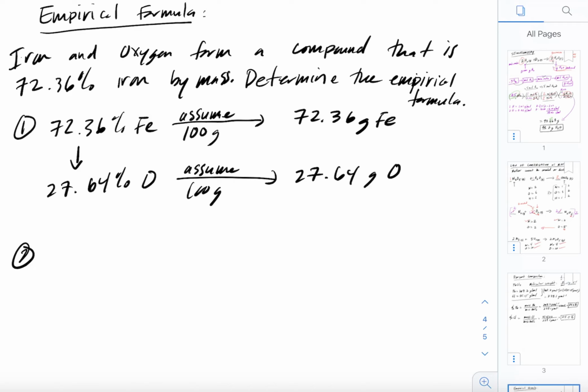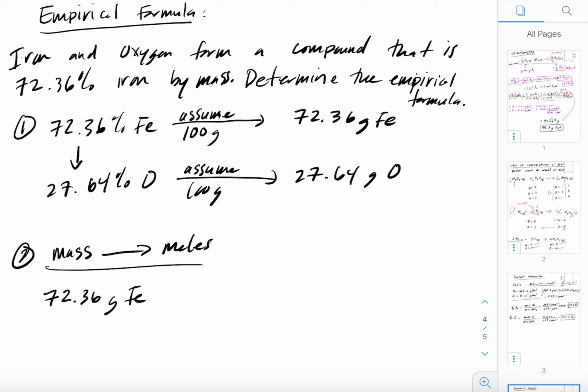The second step is that we're now going to want to take each of these grams and go from mass to moles. So we'll start off with iron.